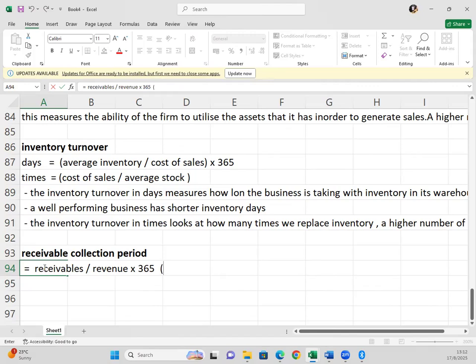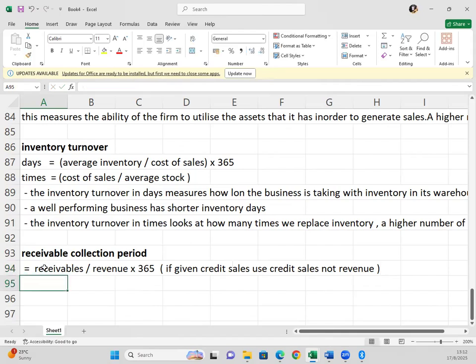But we can say in brackets, if given credit sales, use credit sales, not revenue. So the receivable collection period, how many days are we taking before receiving money from people who owe us?